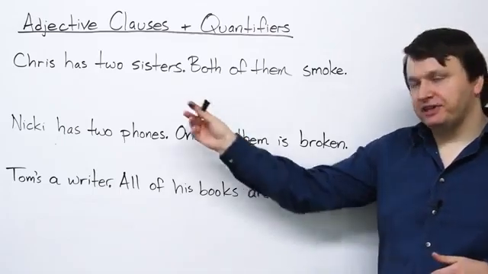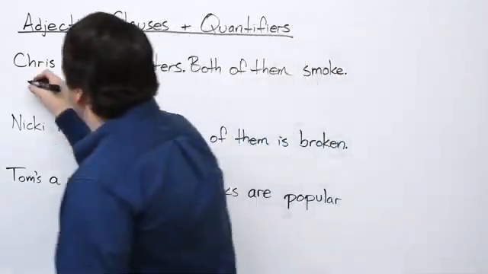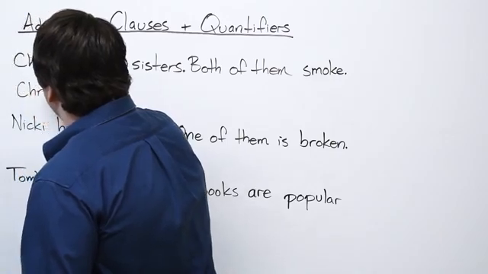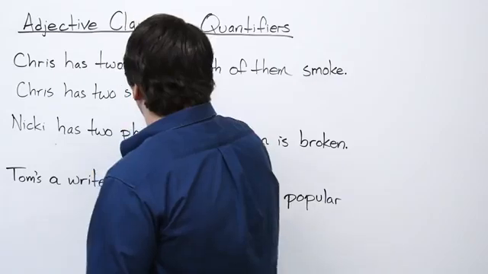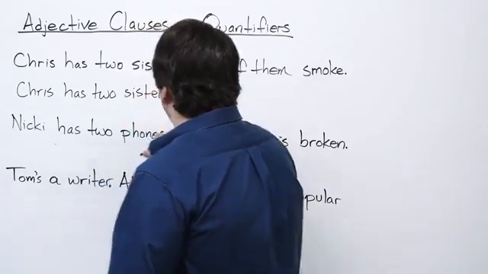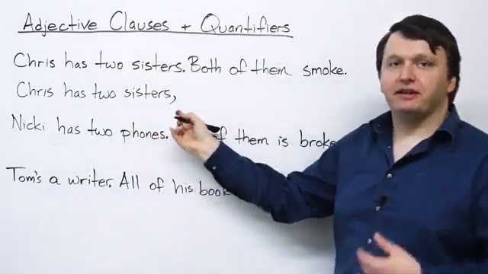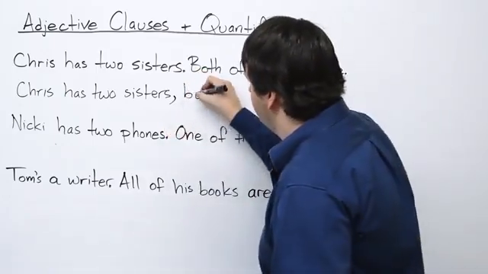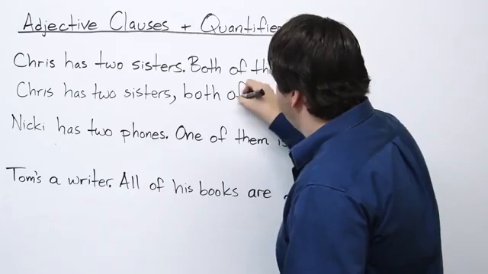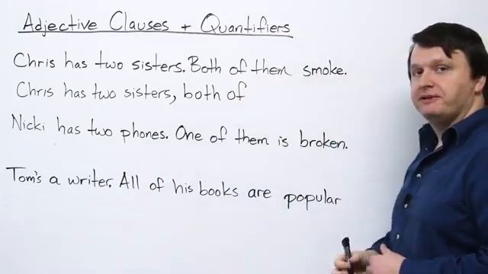Okay? Let's put this together though. So we can say Chris has 2 sisters. And as you know, with adjective clauses, non-identifying, you put a comma. Both of, now we have them.